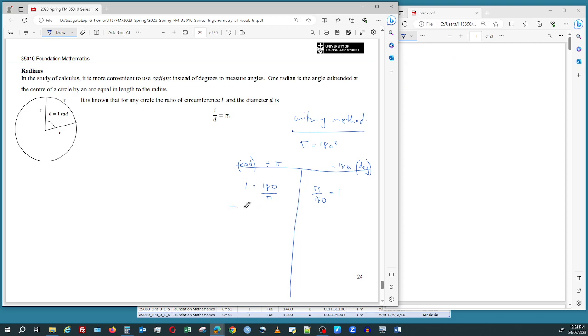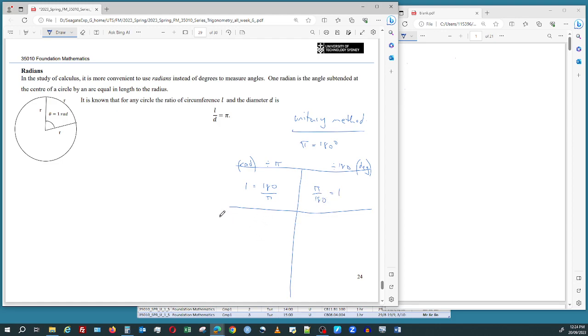So now that we've got the unitary method, we know what 1 degree is, and we know what 1 radian is. So if I want to get 60 radians, I just multiply both sides by 60. If I want to find out 35 degrees, I just multiply both sides by 35. And whatever's left over, that is our unitary method.